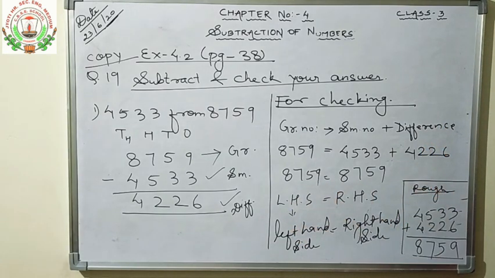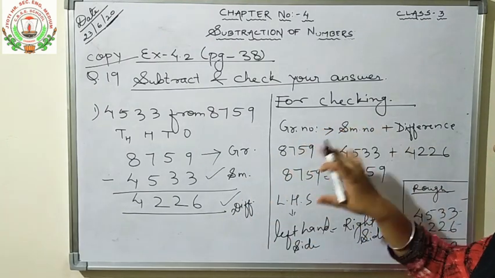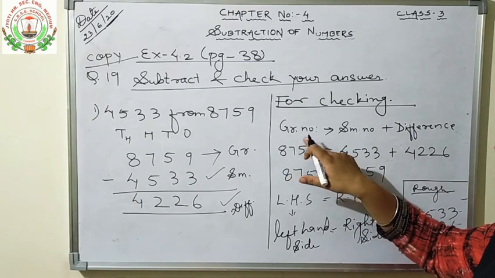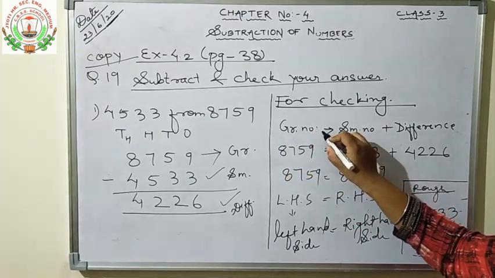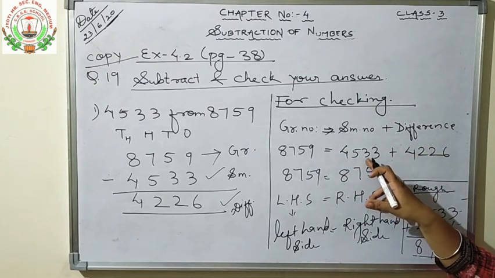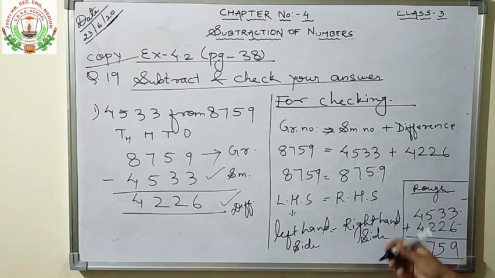In this way you will check the question. First you will subtract, then for checking you will write the formula. Greater number is equals to smaller number plus difference. So first you will write the smaller number and then you will write the difference, then you will add both of them, and then you will get your answer.